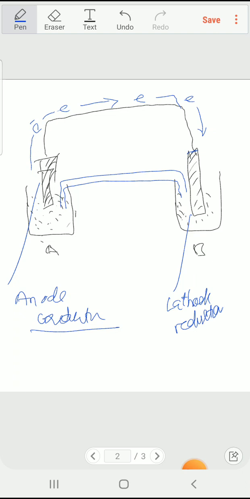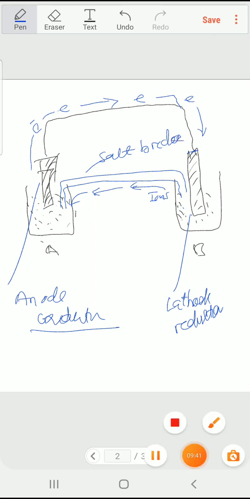Then when we're talking about the ions, they move from the positive terminal, which is the cathode, where reduction takes place, to the negative terminal, across what? Which is this one, called a salt bridge. That's where the ions move.